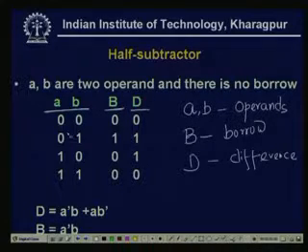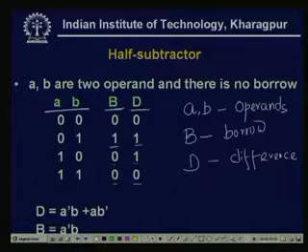Now, for 0 0, borrow is 0, difference is 0. For 0 1, that is 0 minus 1, this is the situation where borrow is 1 and difference is 1. For 1 minus 0, difference is 1, borrow 0. For 1 minus 1, difference is 0, borrow 0.